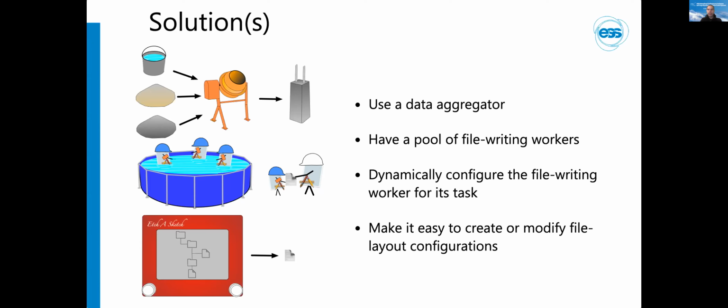Also, we do not want to have one or a few file writers available for each and every beamline, but rather we want to have a huge pool of file writers that are available to all the beamlines. This gives us some flexibility.